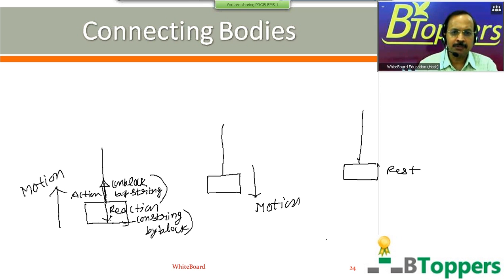But if you draw a free body diagram for the block, we must indicate only the forces which are acting on the block. We should not indicate the forces exerted by the block. That means in the free body diagram for the block, we must indicate this force on the block by the string, and should not indicate the force by the block on the string.